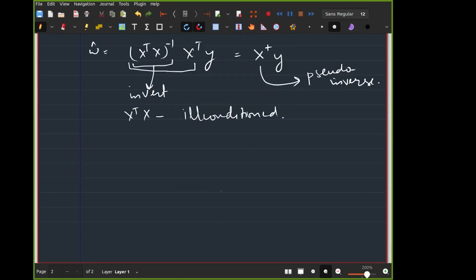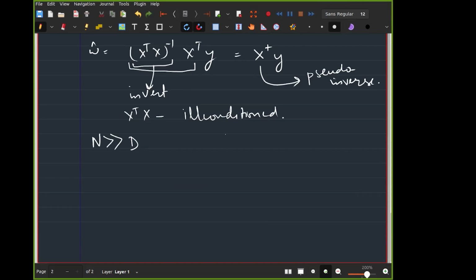And here you might have to read up a bit, but let's see what the solution is. Now, if finding this inverse is tricky, one solution we have already discussed, which is the gradient descent path. That will give you the answer without any issues. Now here I'm saying that if X transpose X is ill conditioned, there could be issues. So there is a way to do it in a proper way. So let's say the dataset size is much greater than the dimensionality of the problem.